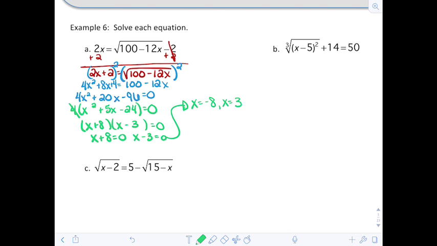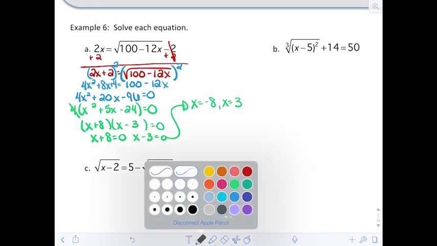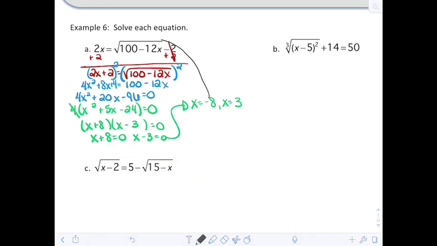Okay, so I just need to double check. The algebra told me that these are my solutions, but if I go back and plug in negative 8, it actually is not going to work. If I plug in negative 8, on the left I would get negative 16.